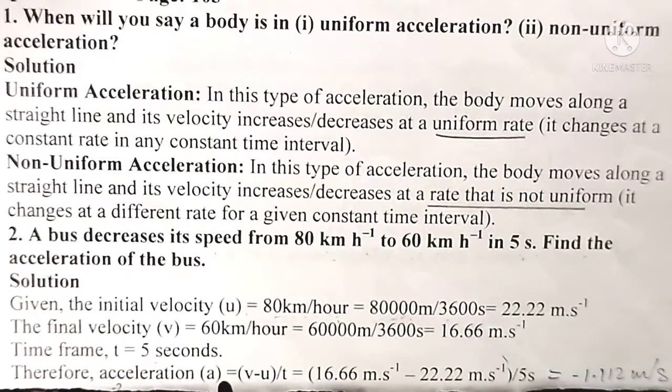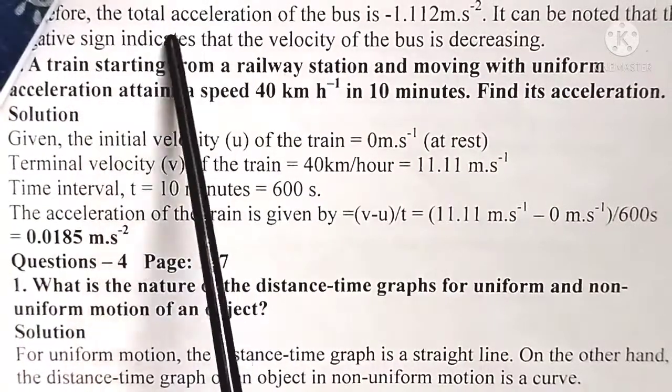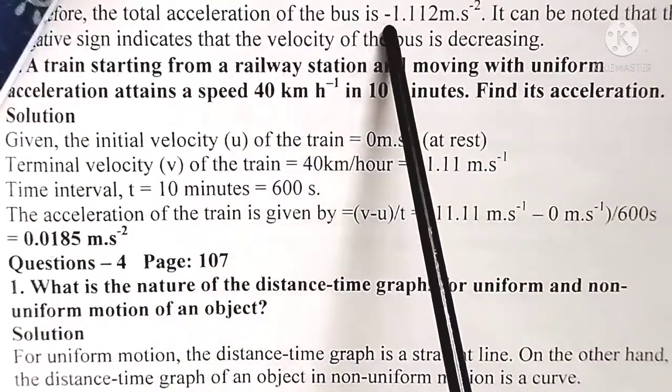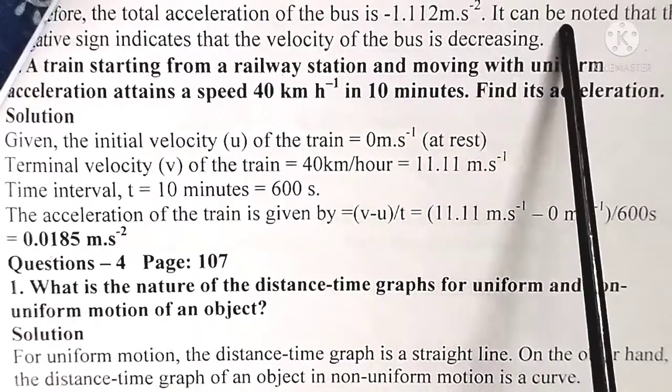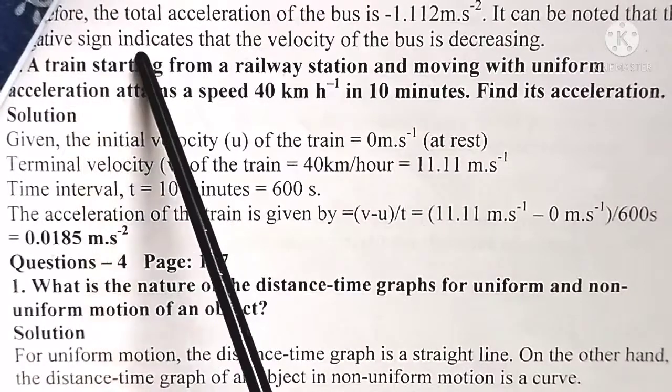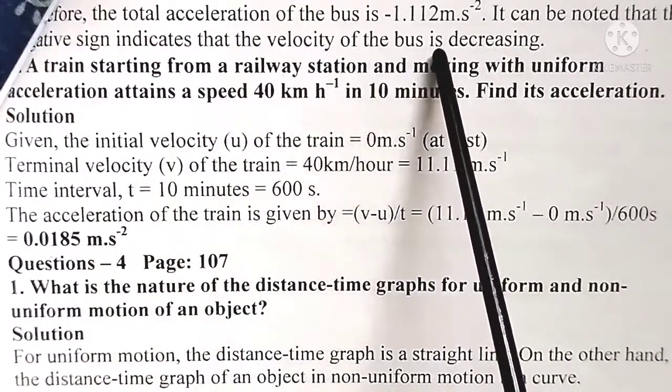Therefore, acceleration a is equal to (v minus u) divided by t, that is equal to (16.66 meter per second minus 22.22 meter per second) divided by 5 second, that is equal to minus 1.112 meter per second square. Therefore, the total acceleration of the bus is minus 1.112 meter per second square. It can be noted that the negative sign indicates that the velocity of the bus is decreasing.